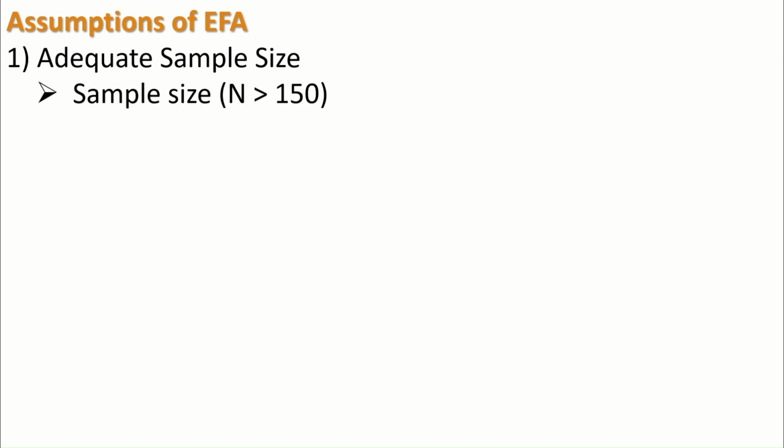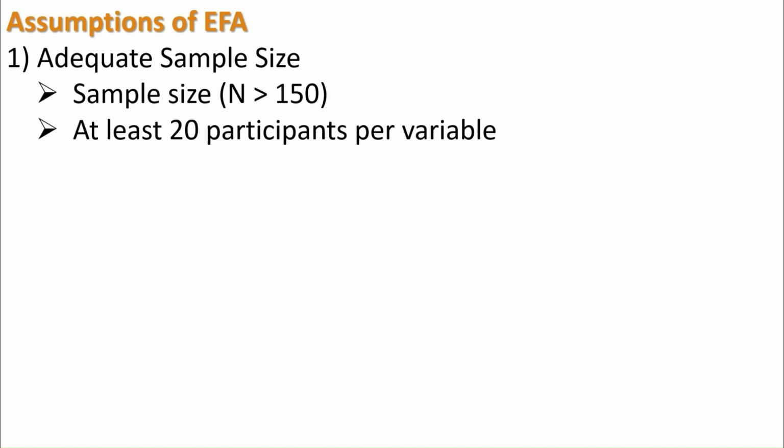So what are the assumptions that have to be fulfilled before performing this statistical method? The first assumption is that there should be an adequate number of participants. Sample size has to be adequate, and the participants have to be greater than 150 individuals, more than 150 cases or individuals or participants.